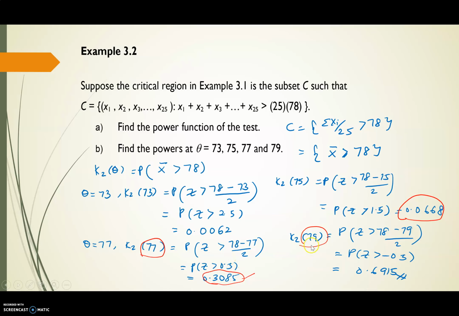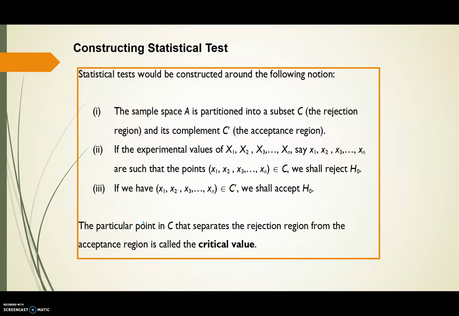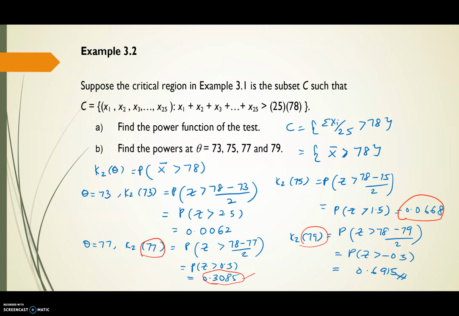The same thing happens if we have theta equals 79: we get a probability of 0.6915, which is smaller than we got from the previous example, where for theta equals 79 we got 0.9772. So we might question whether test 2 is wholly satisfactory.